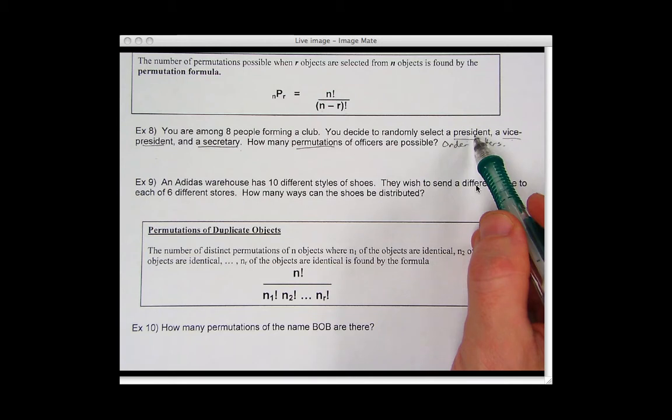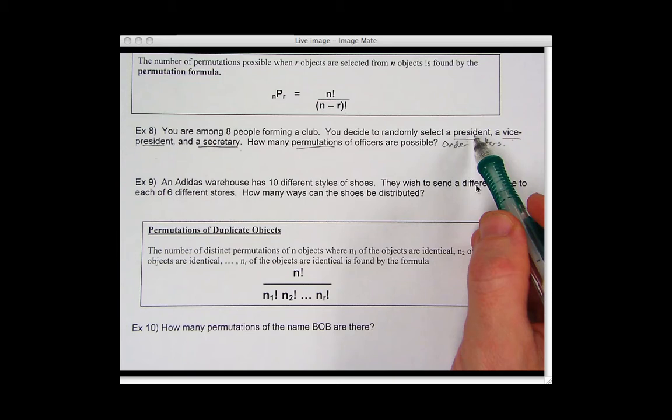So we have 3 different, or unique, officers. So here's how we set this up using permutations. We have a total of 8 people, and we want the number of permutations if we choose 3 of the unique items.